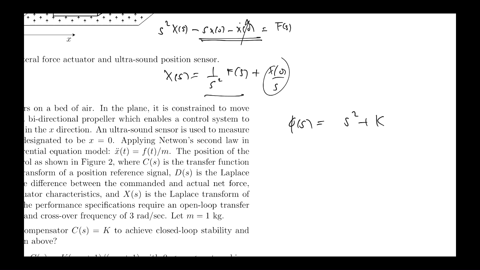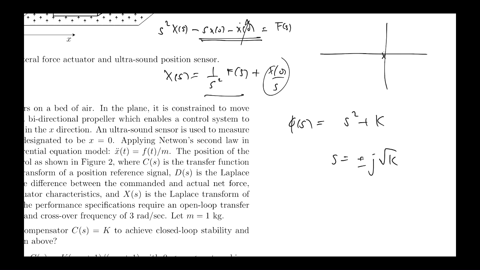That will have zeros at s equals plus or minus j root k. And no matter how we choose k, they will always be on the imaginary axis. That's consistent with what we would expect by drawing the root locus plot.